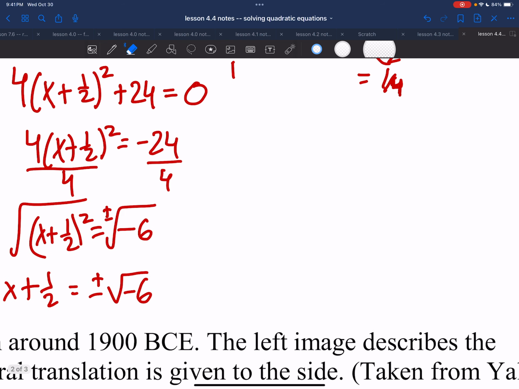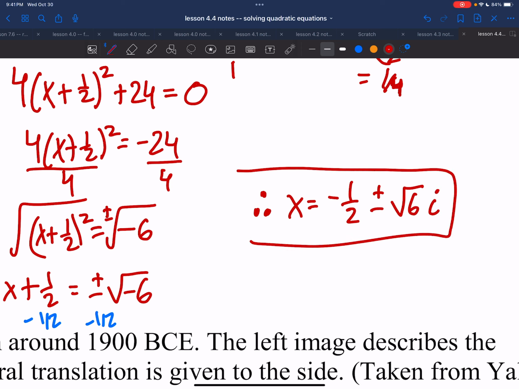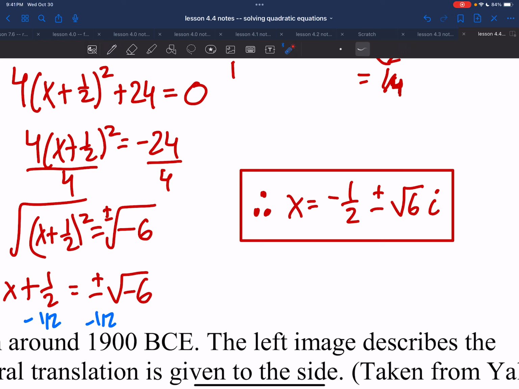Like I said, minus a half here, minus a half here, I say, therefore, my solution is x equals, you subtracted a half to the other side, and then it's plus or minus root 6 i. Is how you could write that. Yeah? And yet, again, just to call attention to the fact that it is a complex number in conjugate pairs.